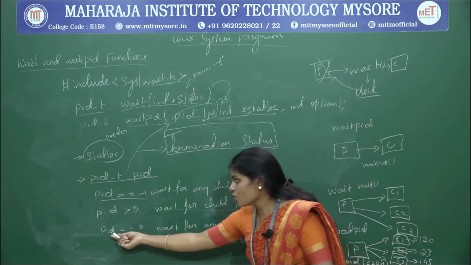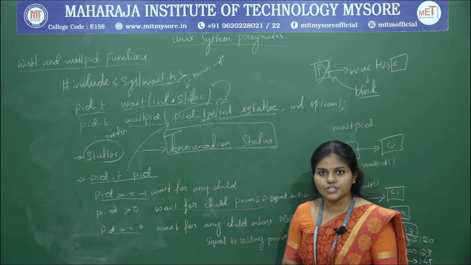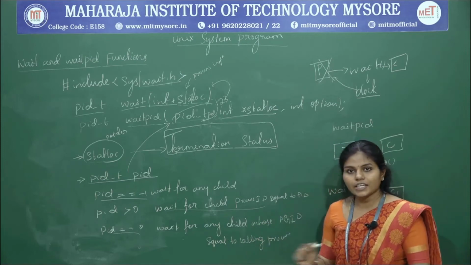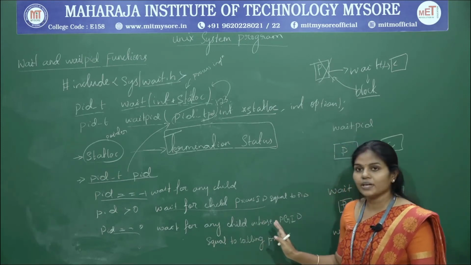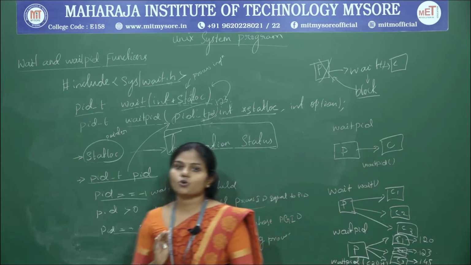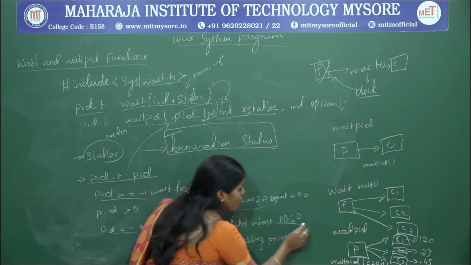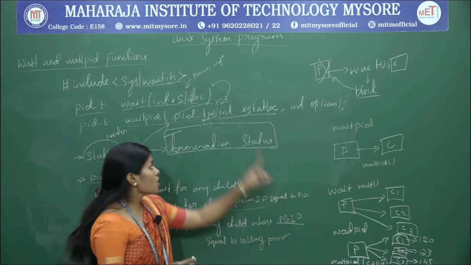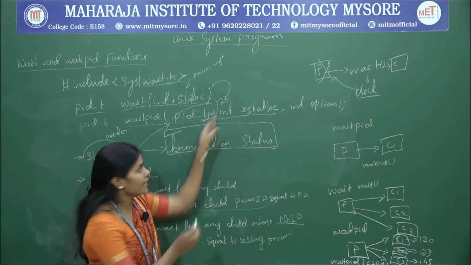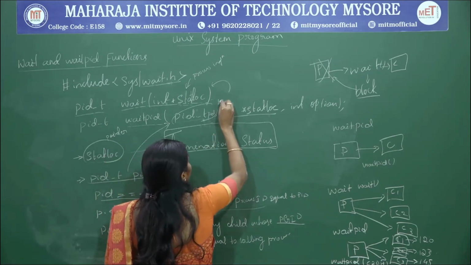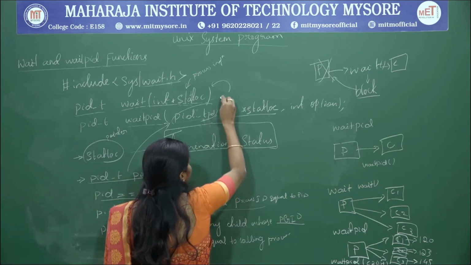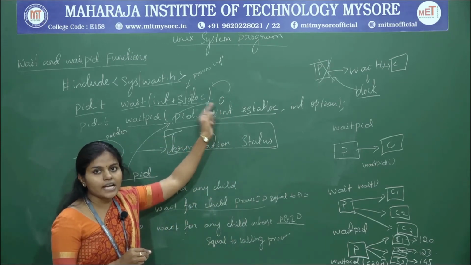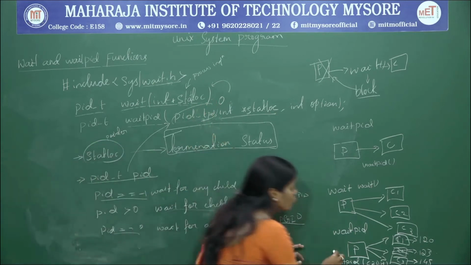Now next one, if the process ID is equal to 0, what does it indicate? It is going to wait for any child whose process group ID is equal to that of the calling process. So instead of the process ID, I specify the value 0. It indicates that it is waiting for the group.